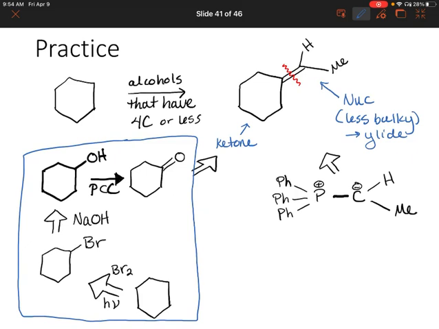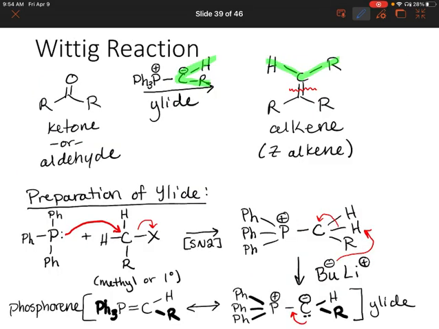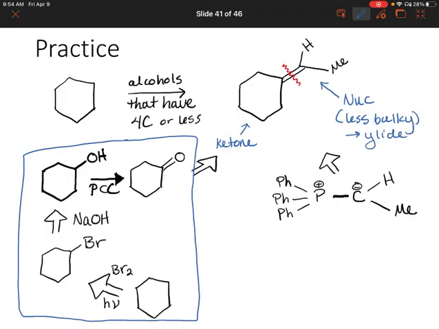So now let's focus on our ylide. How could we make that ylide starting with an alcohol? Well, first of all, remember when we looked at our preparation of an ylide, we're starting with an alkyl halide. But in the step after that, we're using butyl lithium to remove a proton from that intermediate. So let's just show that step first.